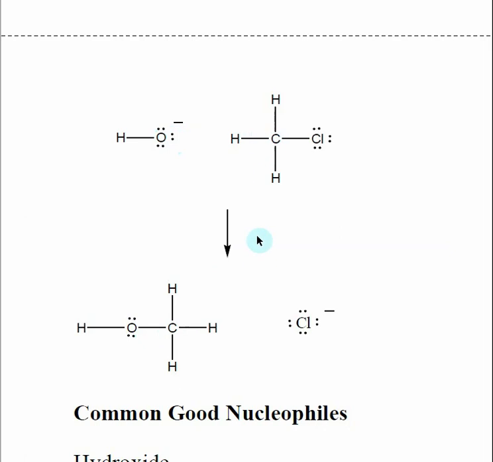If I do that, I'm going to have 5 bonds. I'm going to be violating the octet. So we need to break a bond between the electrophilic carbon and my leaving group. And that's why we do that. And remember here, our carbon starts with 4 bonds, ends with 4 bonds. And now you can see why it's called a substitution reaction. Really what you're doing is replacing a halogen with a nucleophile.